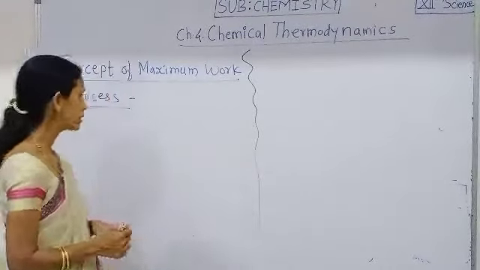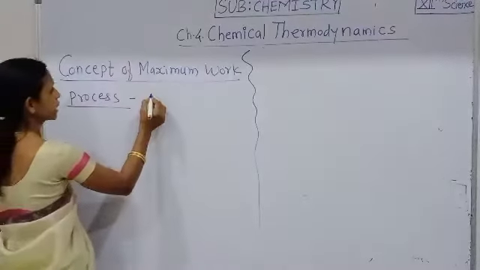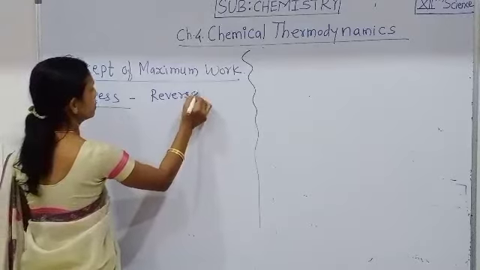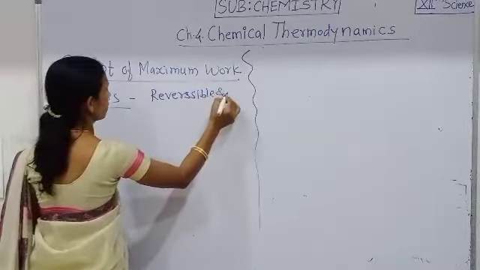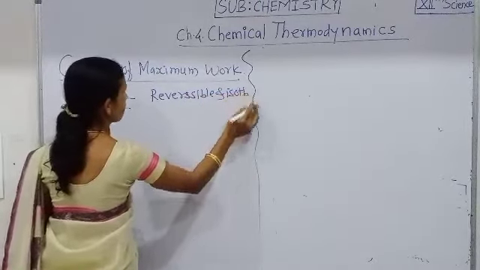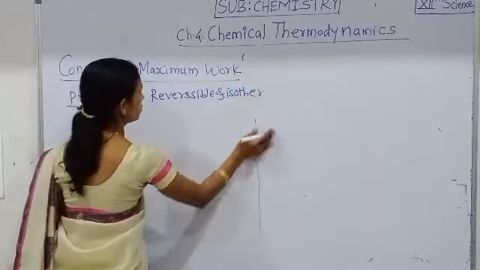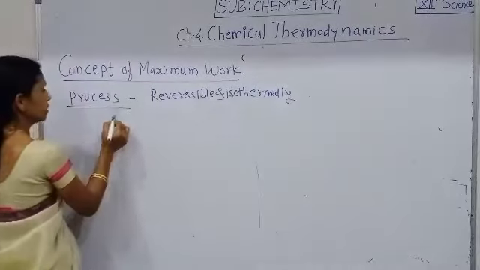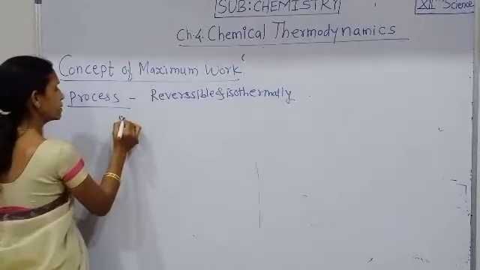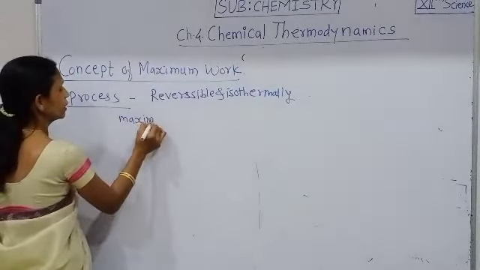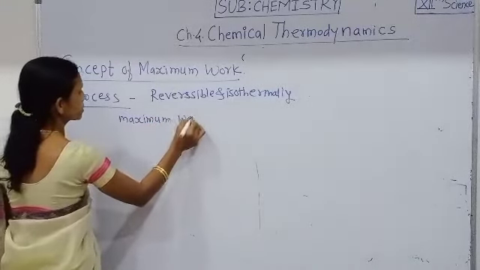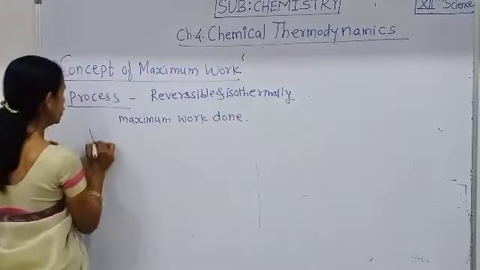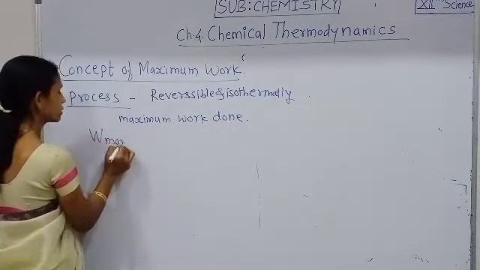When the process takes place reversibly and isothermally in the system, then maximum work done takes place, which is denoted by W max.